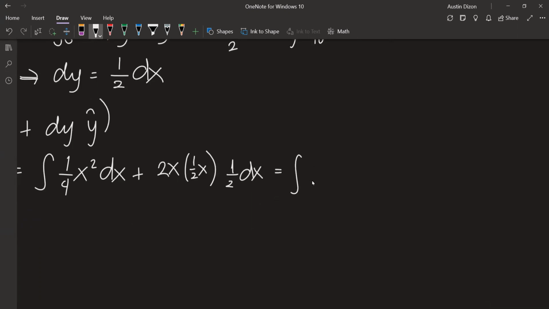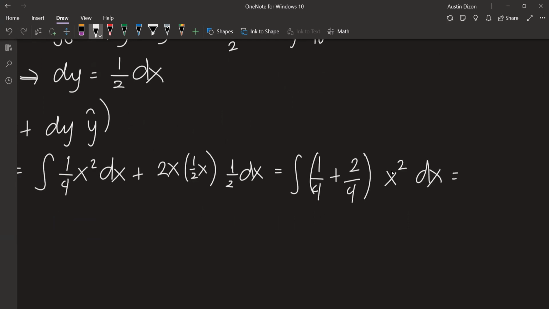Okay, so 1/4 x squared. Sumahin natin mga constant. 2 times 1/2 is just 1. 1 times 1/2 is just 1/2. So 1/2 plus 1/4. Pwede natin siya isulat as 2/4. Tama. And then we have x squared dx.